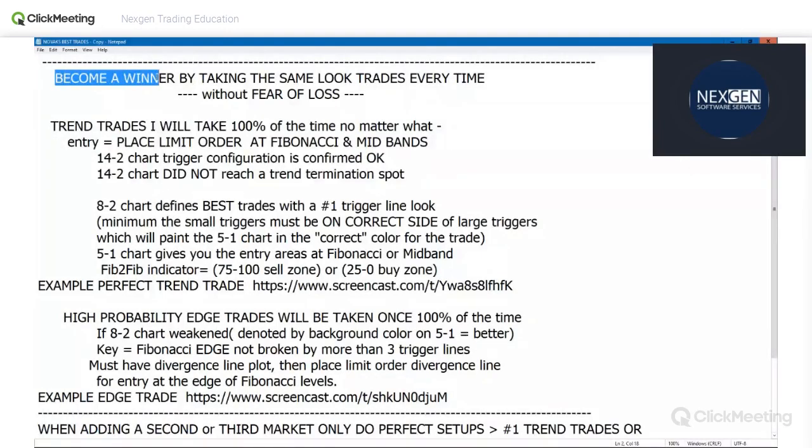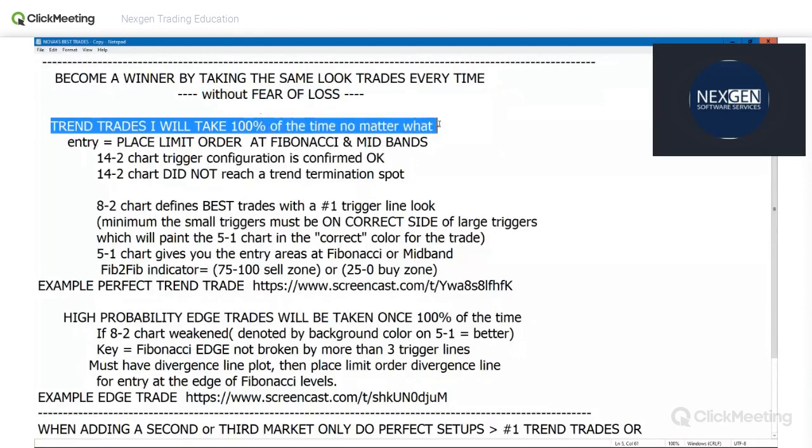You're going to become a winner, or I'll use it in my tense: I will become a winner by taking the same looking trades every single time without fear of loss. And these are trend trades that I will take 100% of the time, no matter what.